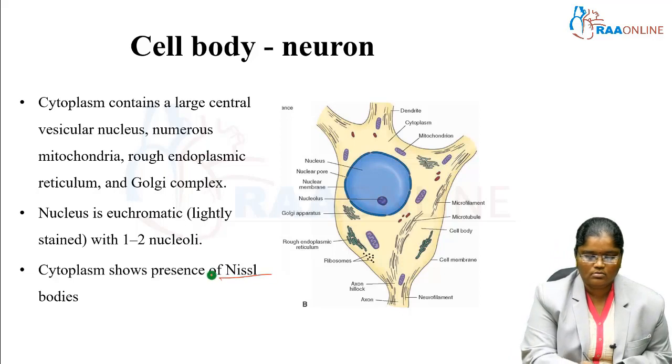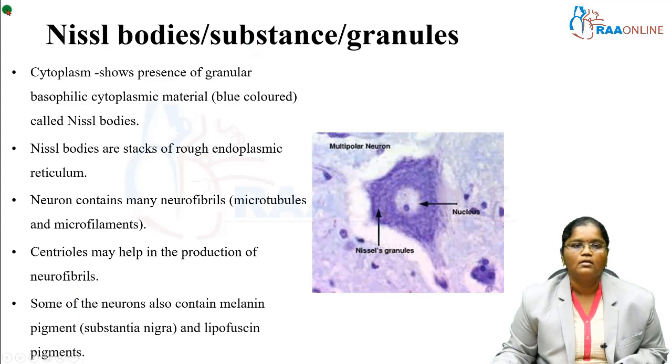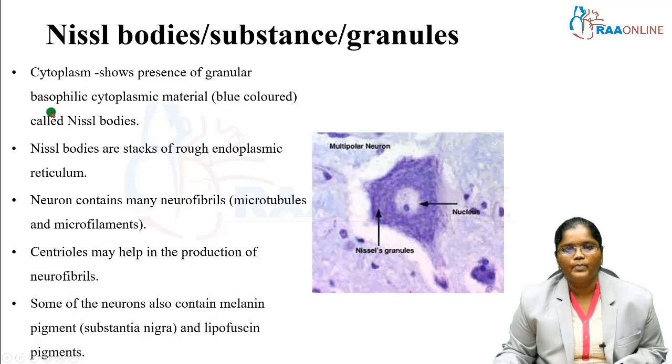These Nissl bodies, or substance or granules, are nothing but stacks of rough endoplasmic reticulum in the cytoplasm. This shows a granular basophilic cytoplasmic material; this is the nucleus, and around the nucleus in the cytoplasm you can see darkly stained structures, the Nissl granules.